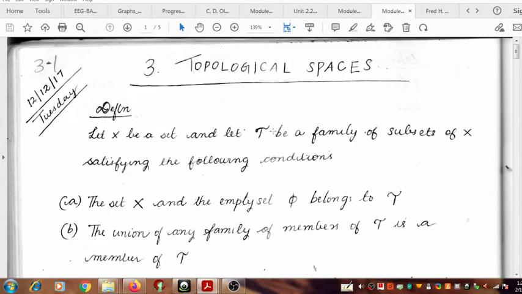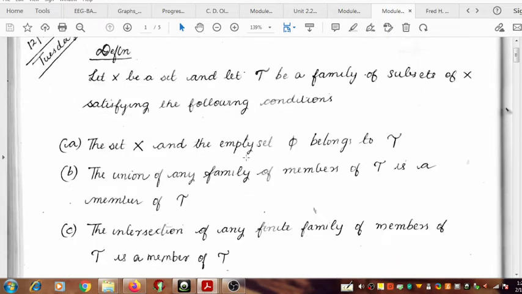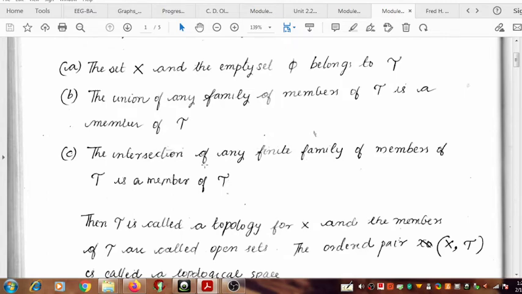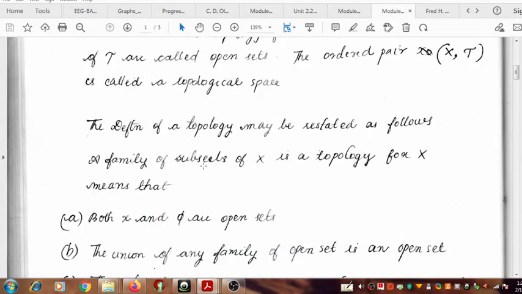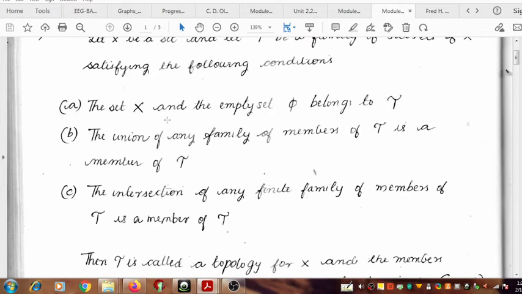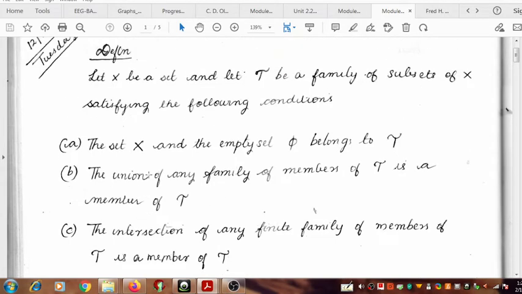So all the members of the underlying topology, which makes the space X a topological space, we can call open sets. Thus we can restate the three axioms. We can call these statements the axioms of topological spaces.